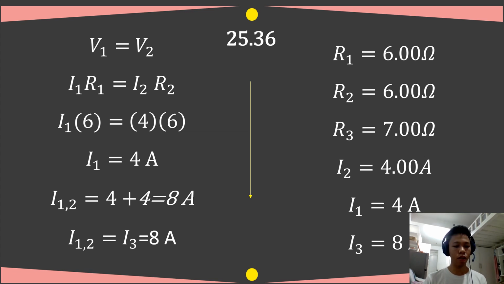For the current passing through 1 and 2, you just add the two currents, since they are connected in parallel, so you're going to get 8 amperes. And since I12 is equal to I3, because they're connected in series, I3 is also equal to 8 amperes.